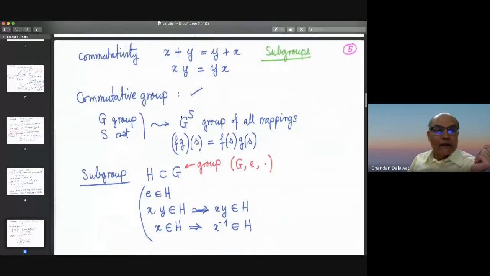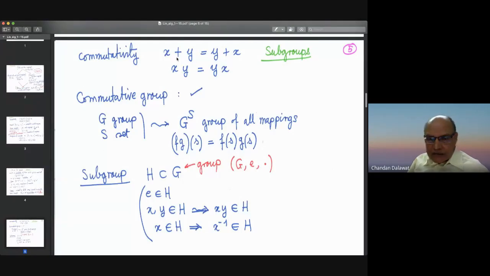Okay. Now we come to commutativity. That's also something which many laws of composition satisfy, and it just means that the composite of X and Y is the same as the composite of Y and X. In other words, the order doesn't matter. The order in which I compose X and Y doesn't matter.